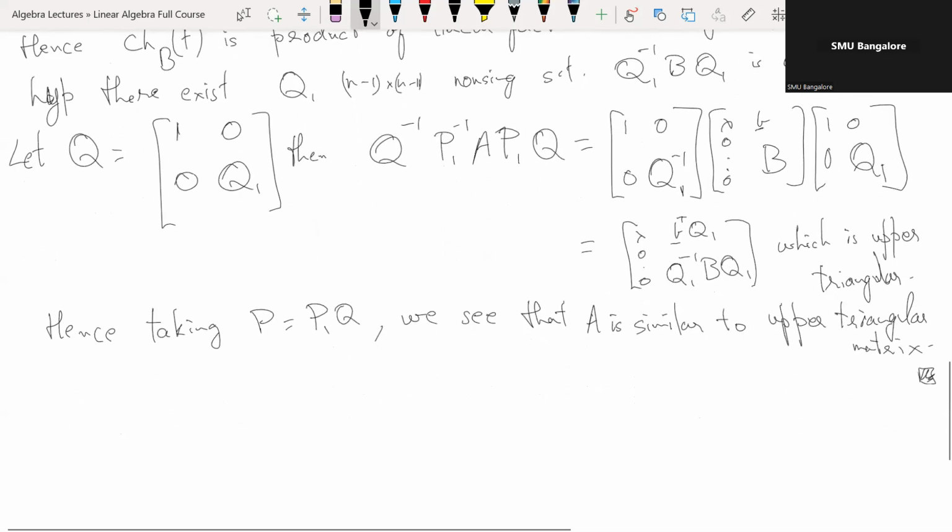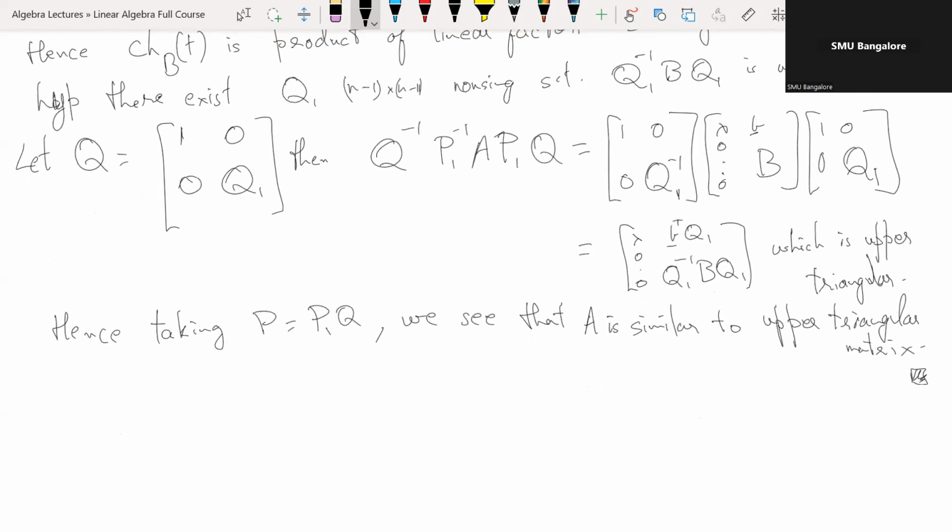Using a similar technique, maybe first a corollary.